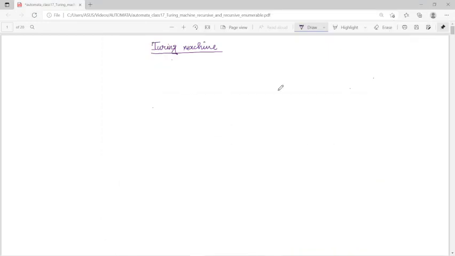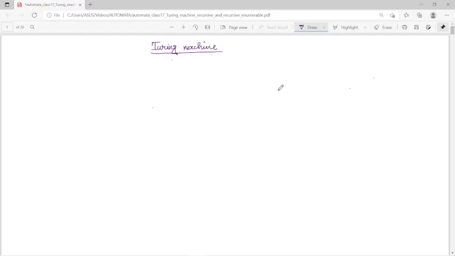So, in the previous class, we discussed the basic structure of a Turing machine, and what we mean by the Turing thesis and some mathematical definitions of Turing machines.